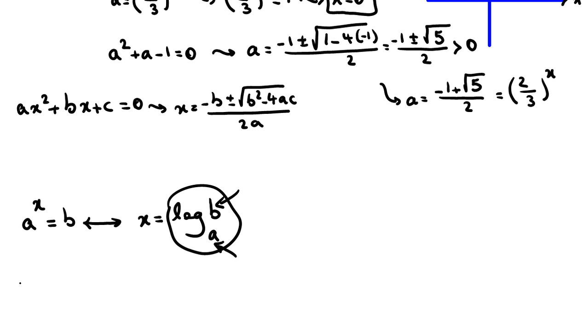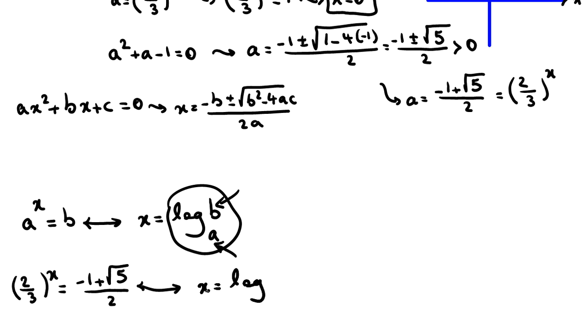So as you can see here, (2/3)^x equals negative 1 plus root 5 over 2. And by the definition of log, x equals log of negative 1 plus root 5 over 2, in base a, here 2 over 3. So we should calculate this number.